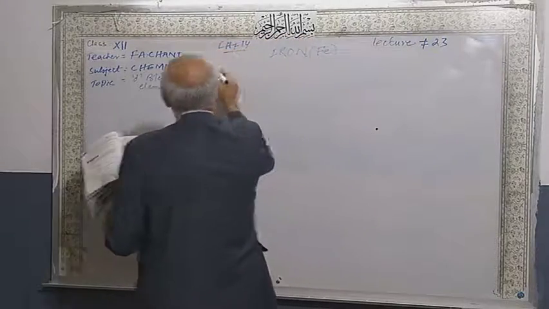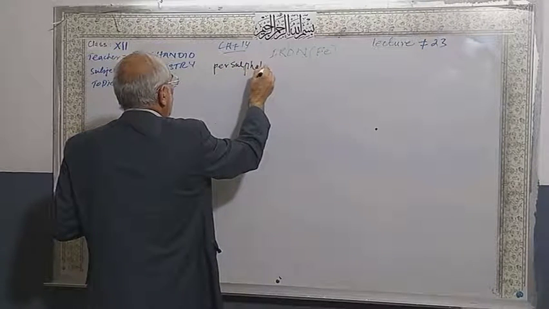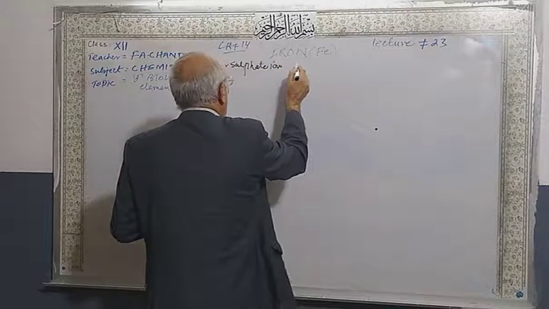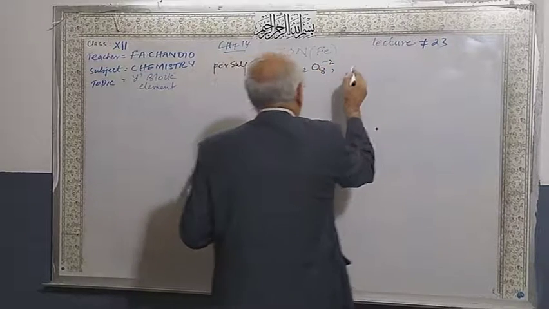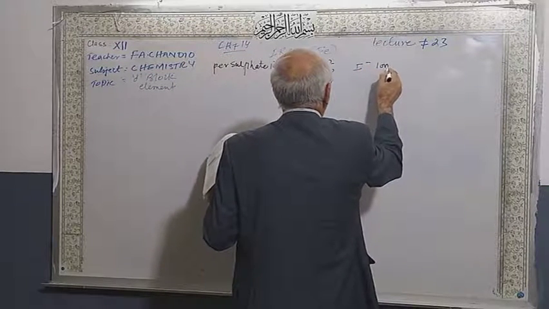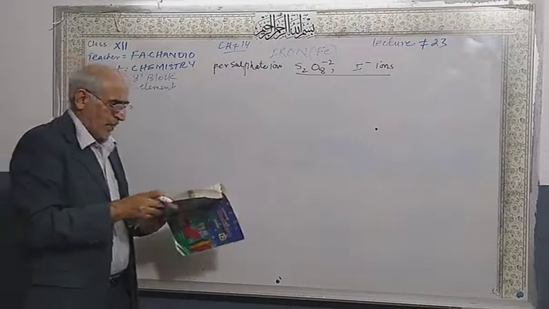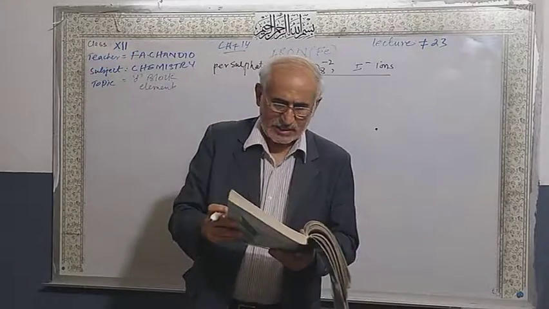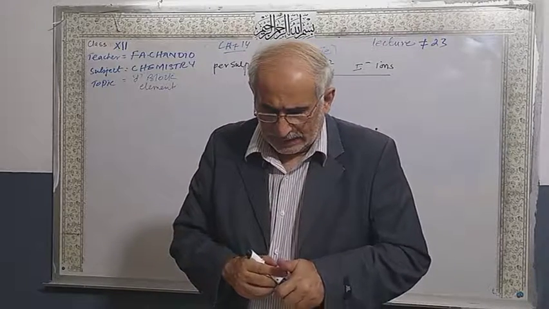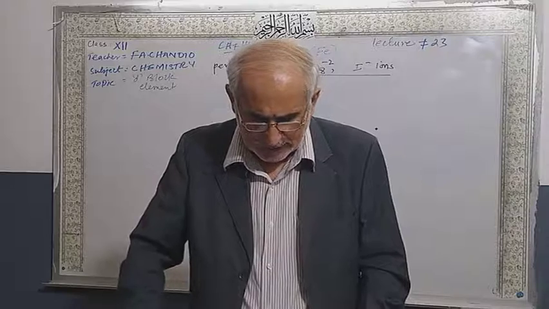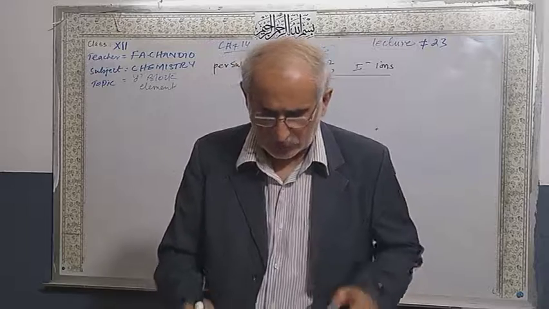Persulfate ion is S2O8 negative 2, and iodide ions. The reaction between the persulfate ions and iodide ions in solution can be catalyzed by using iron positive 2 or iron positive 3.